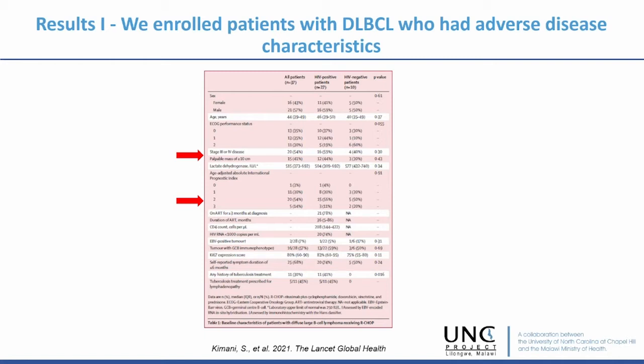All patients had elevated LDH with the median elevation of at least 2 times the upper limit of normal. Looking at a comparison between HIV positive and HIV negative participants, their baseline characteristics were not significantly different.